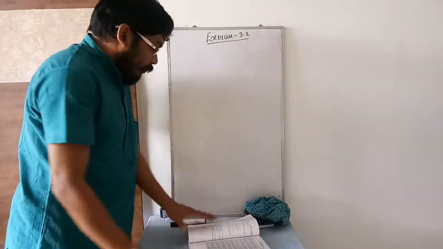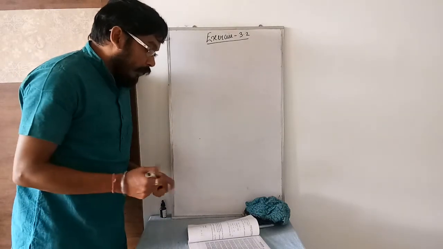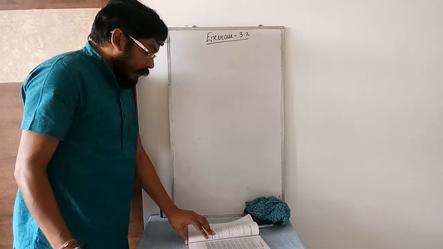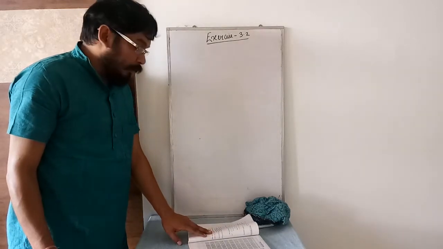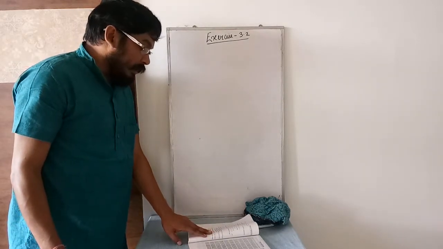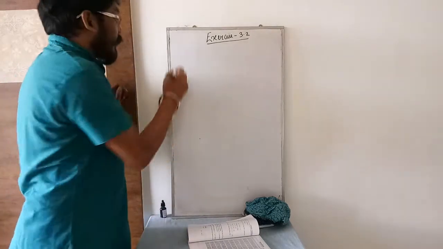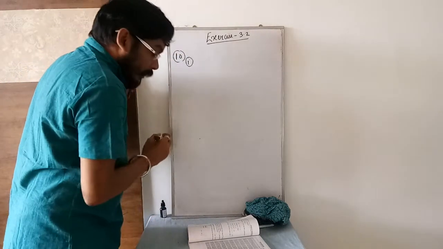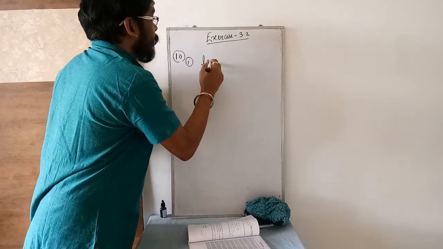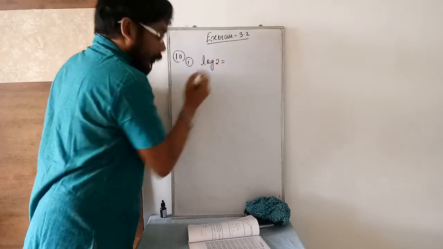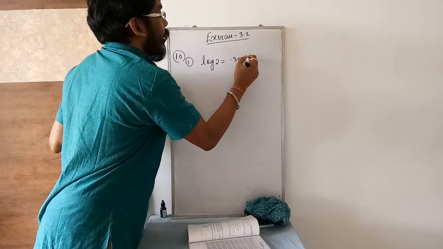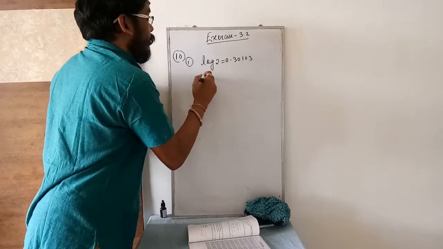Question number 10 Roman 1: they have given the values of log 2, log 3 and log 7, and you have to show that (21/20) to the power 100 is greater than 100. So let me start. Log 2 value is 0.30103.